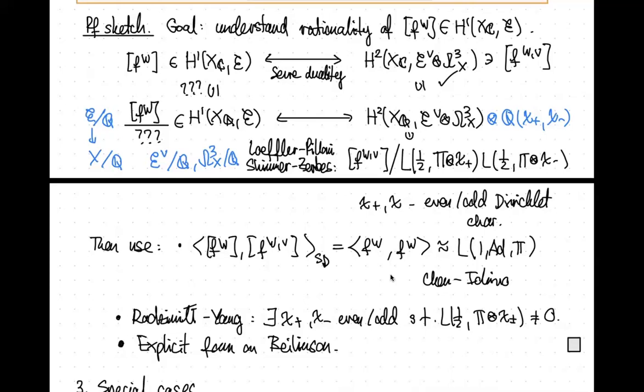Yeah, it's possible. I would have to think about it. You're right that the Galois action should fix pi itself because pi is rational. So can you act on the whole thing and get something out of it? Yeah, it's possible. I'll have to think about it.